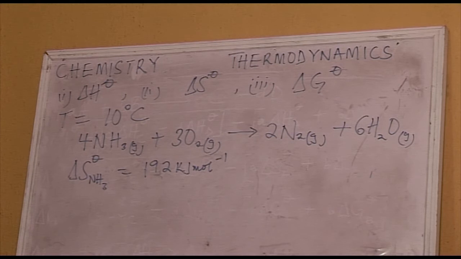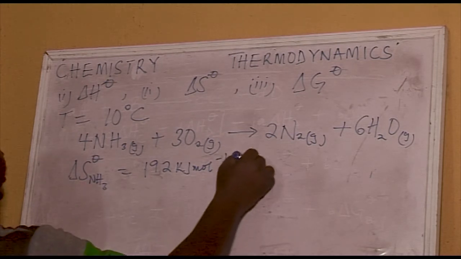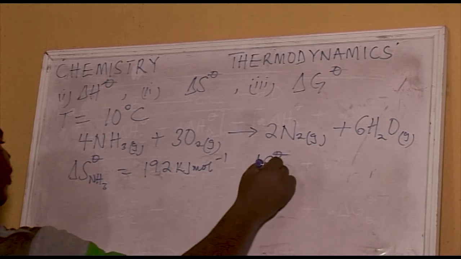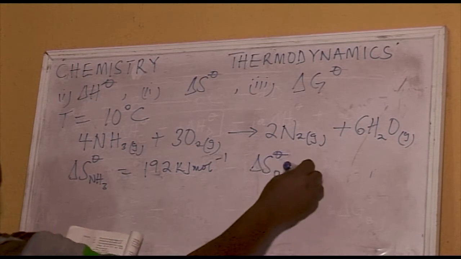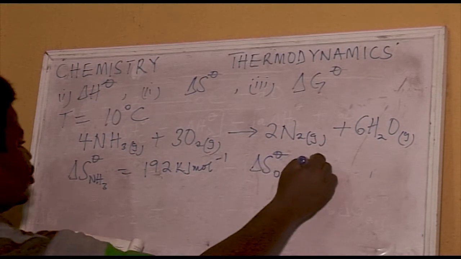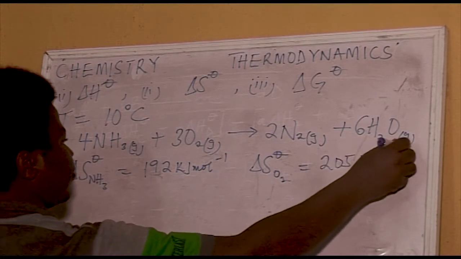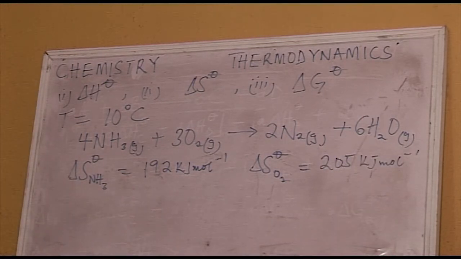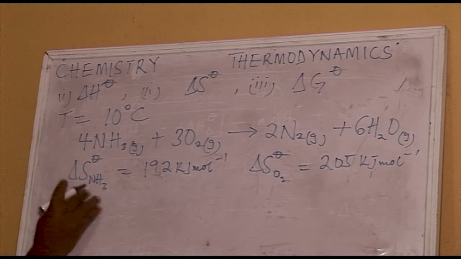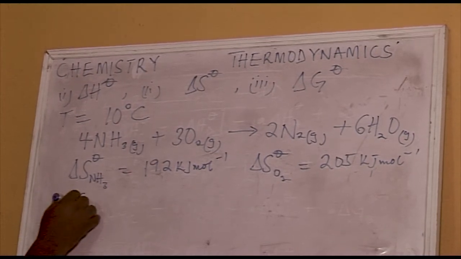For the standard entropy, the standard entropy of ammonia gas is given as 192 kilojoule per mole. Then the standard entropy of oxygen gas is given as 205 kilojoule per mole.